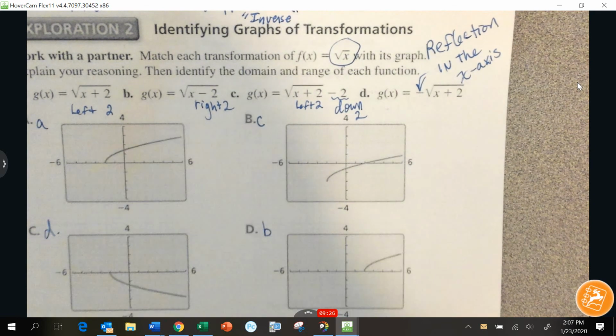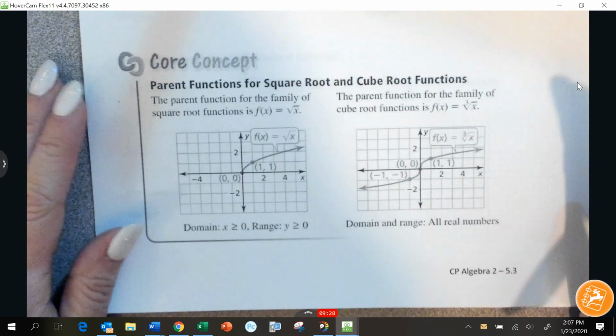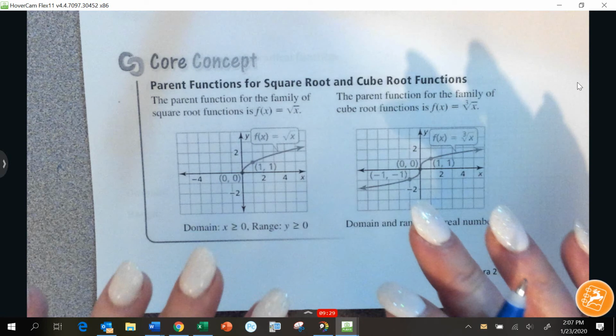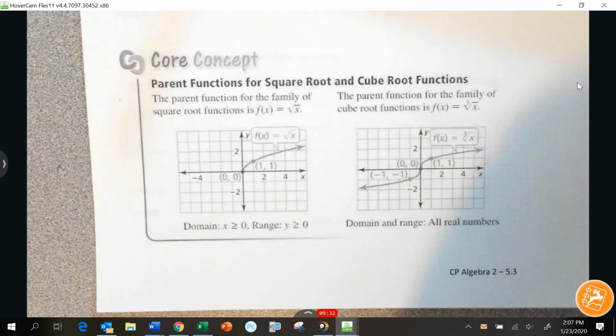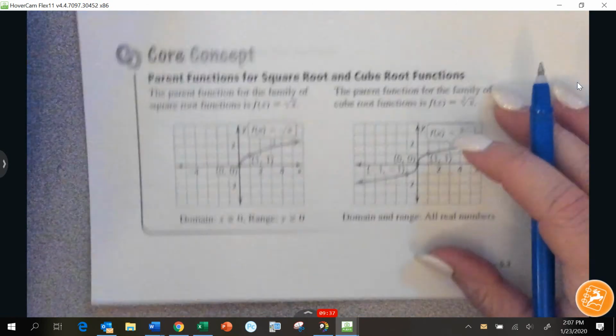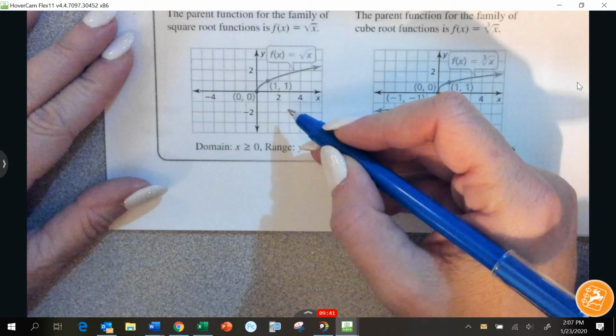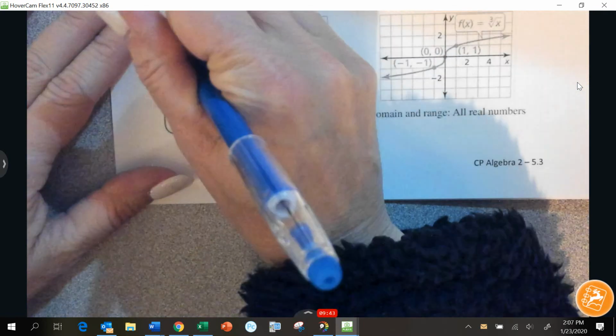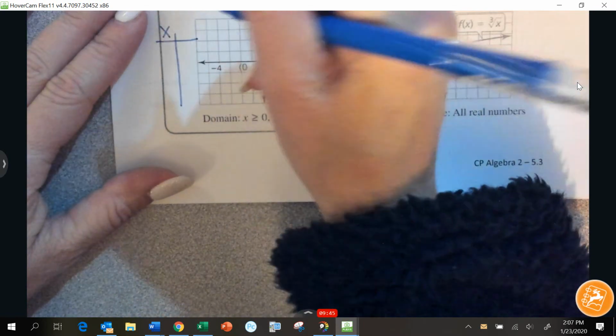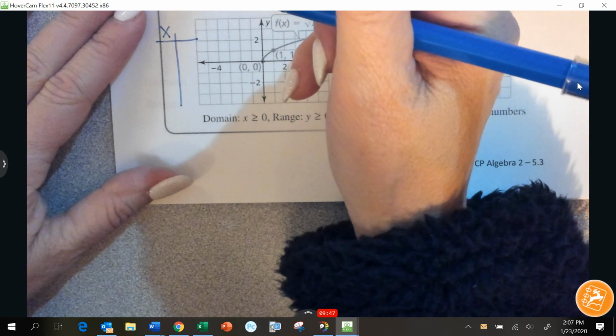All right, we are now on core concepts. I want to write down the function points for you. I had them on the first page. I'm going to write them down again here. So for square root, these are x's that you can take the square root of.